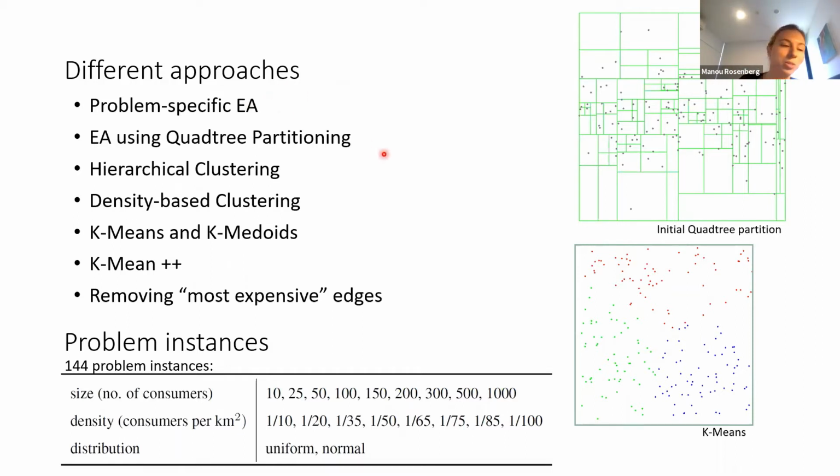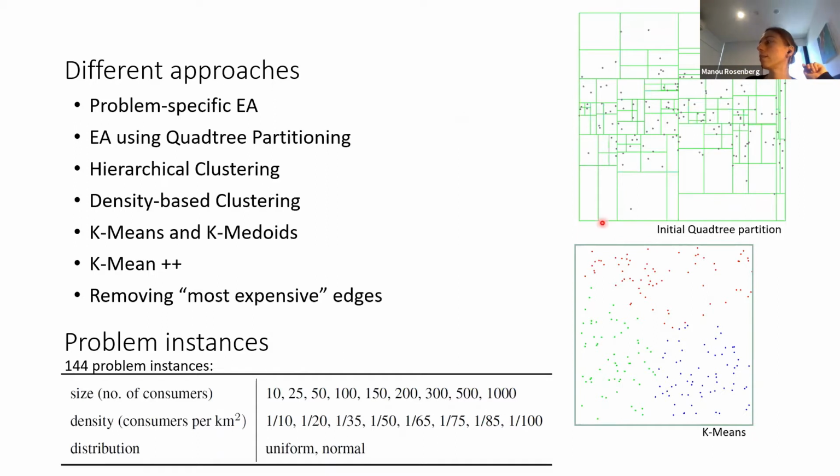Another approach was also using an evolutionary algorithm, but a different representation of the problem. In the end, instead of specifically looking at the interconnections between certain nodes, we could partition our problem space into subparts and look at the area.